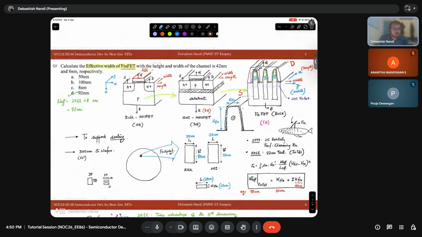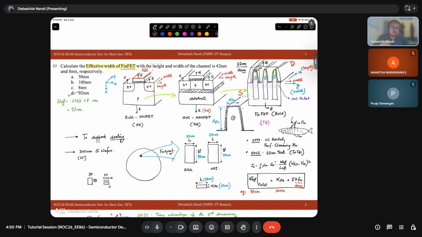Okay. Now, as we are going to much lower dimensions, remember we were at FinFET 22 nanometer, then till 14 nanometer technology, we could achieve that. But what about if I want to go to much lower dimensions?